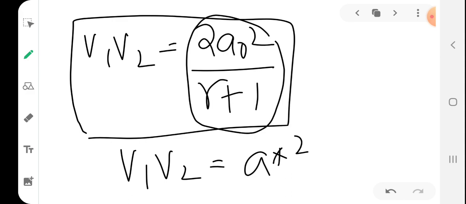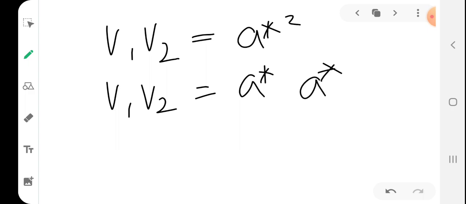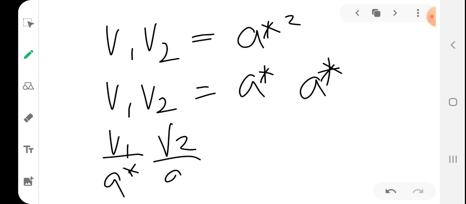The solution for normal shock wave is V1 into V2. The product of velocity upstream and downstream of normal shock wave is nothing but A star square. So it can be written as V1 by A star into V2 by A star.